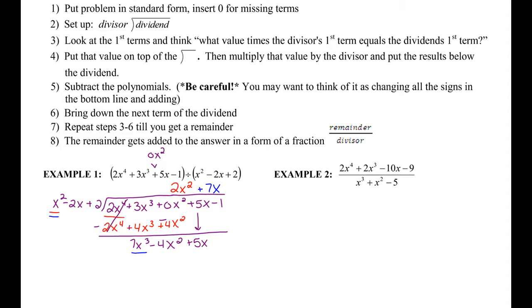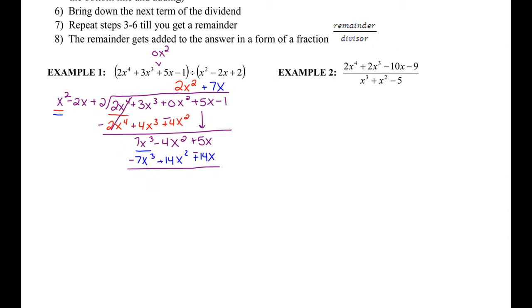We get 7x cubed minus 14x squared plus 14x. I'm going to make sure that I switch all of the signs. Then we're going to add it together. The first terms add to 0, so we're left with 10x squared minus 9x.